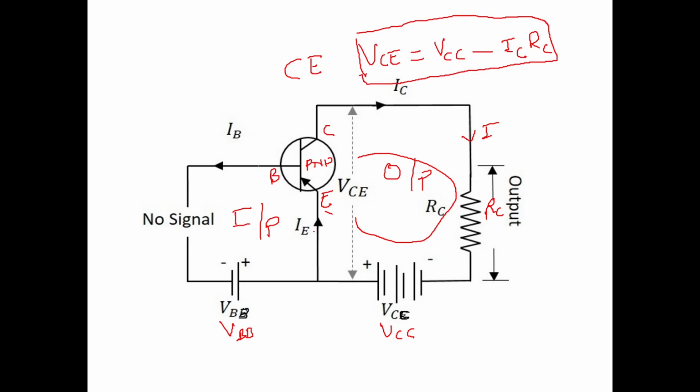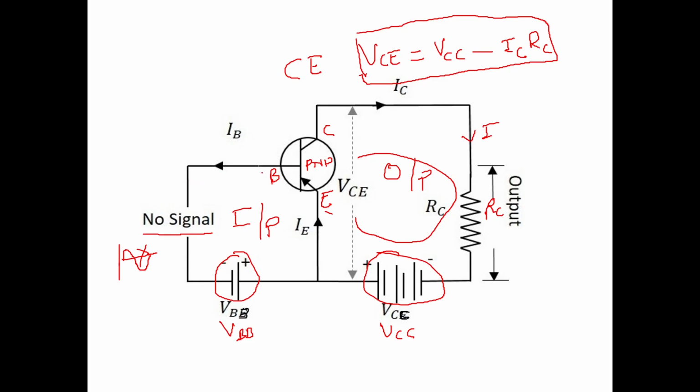Now we are speaking of the case when there is no signal applied. Here we are showing that no signal is applied, only DC voltage. There is no alternating quantity here. So when you are applying only the DC voltages, the base emitter junction we have made forward biased and the collector junction we have made reverse biased.